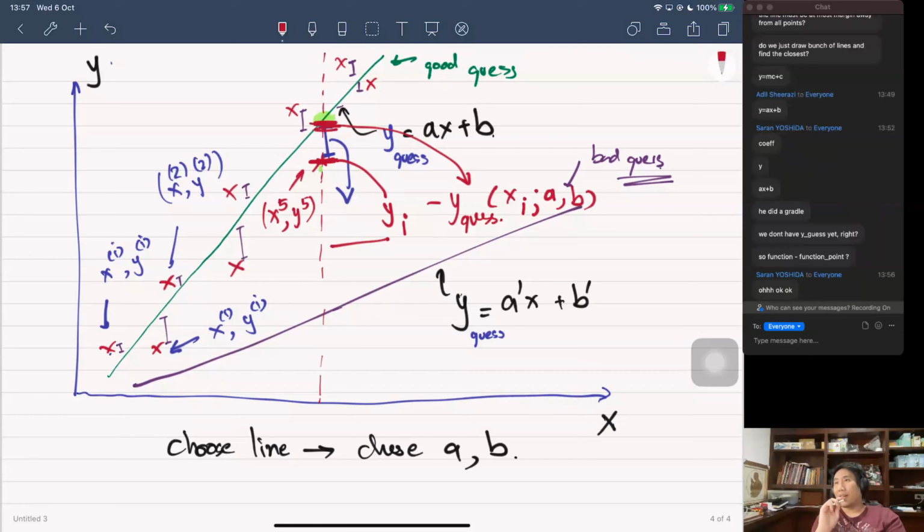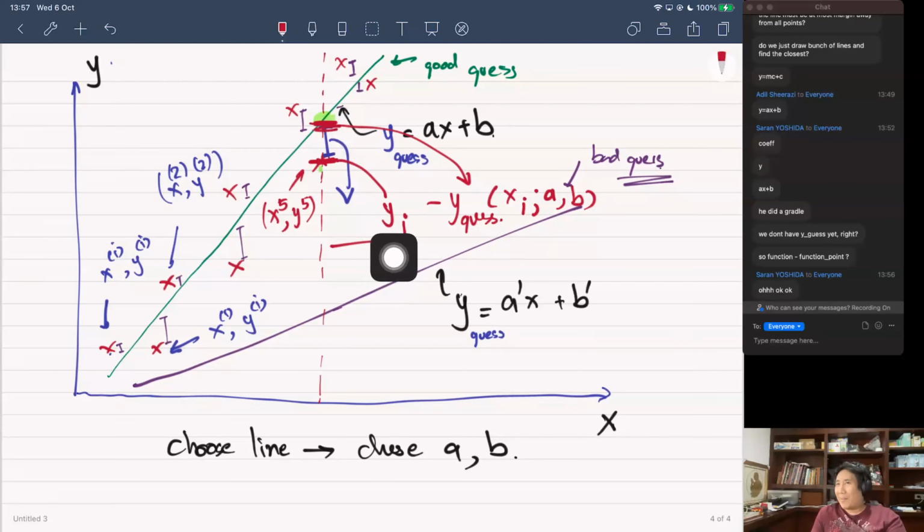Any questions so far? This is a very important point. What you wrote here is a distance between the point and the line. But when you give a score to something, whether it's good or bad, you really want one number.